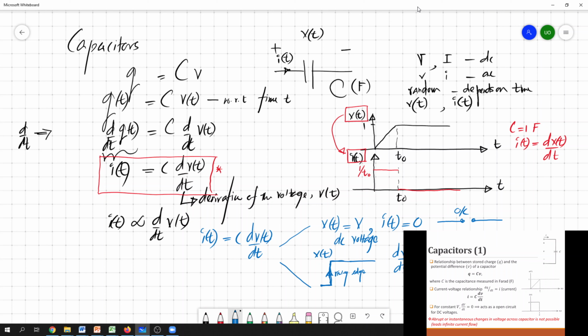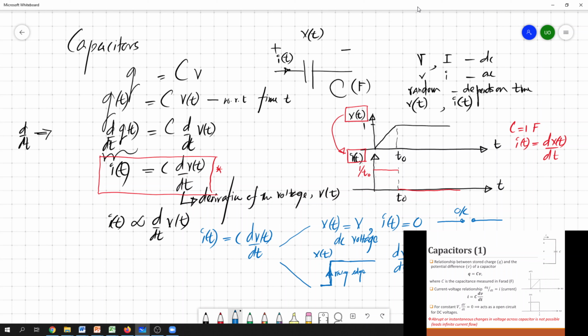So at this point, you can see the current goes to I max. Whatever the maximum current we can draw from the source is I max. During this period, the current immediately jumps to the maximum. For this scenario, if you plot this, it's something like that.